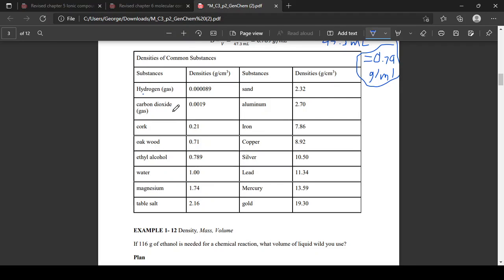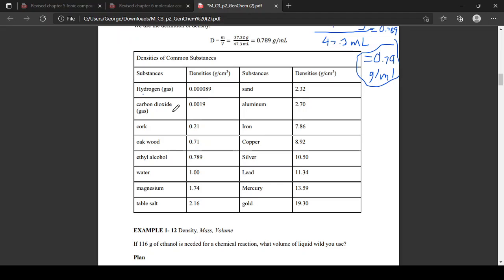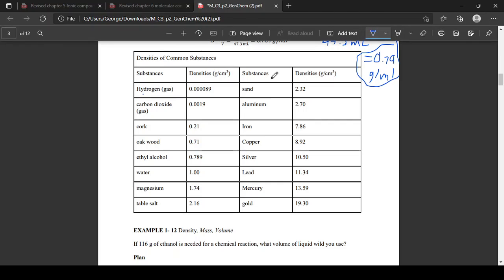Your carbon dioxide is 0.0019, and so on and so forth. Kids, if there is a multiple choice question in your quiz, you can simply pick the answer from the table. No need to solve. But if you want, solve it. Again kids, it is better to solve so you know how we get the densities.